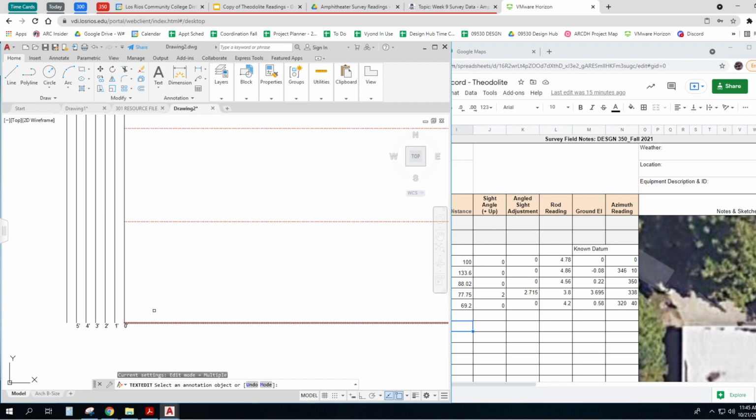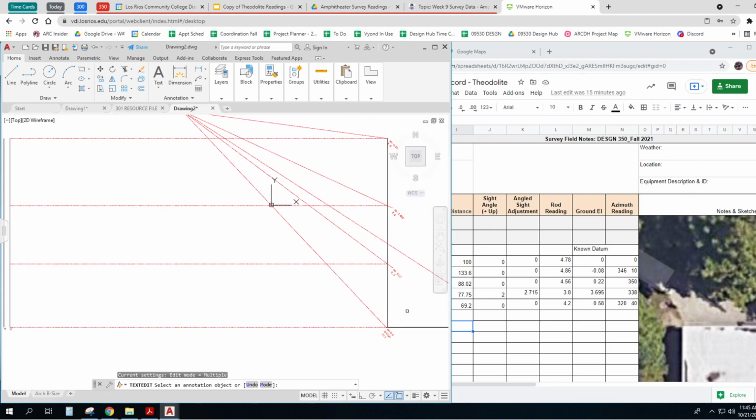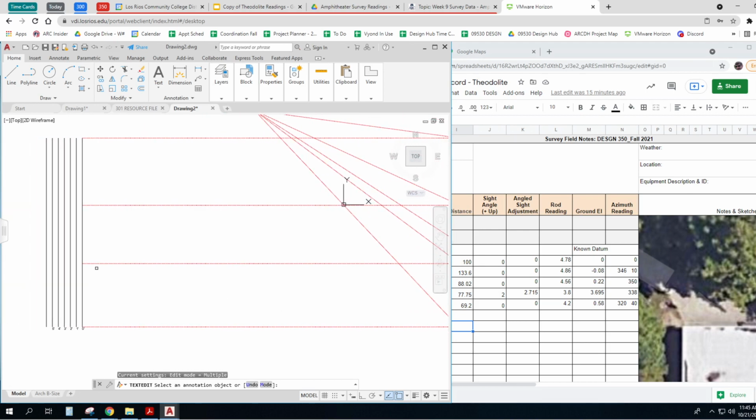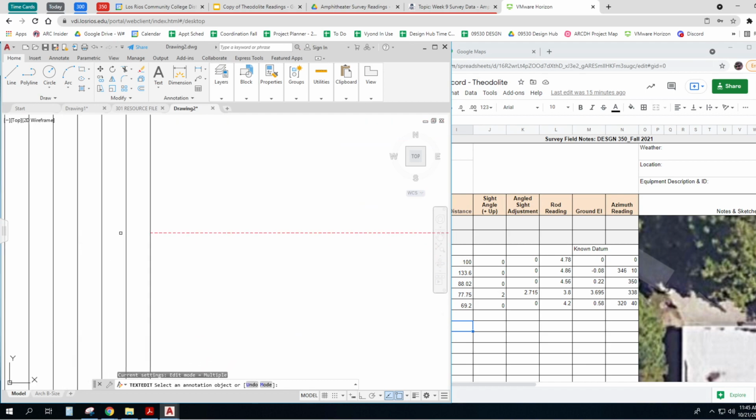Okay, so there it's at 0 feet. Here it's at 0.22, not much better, right? So lengthen by a specific amount, 0.22. I'm going to lengthen it.